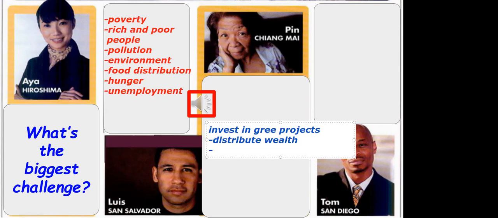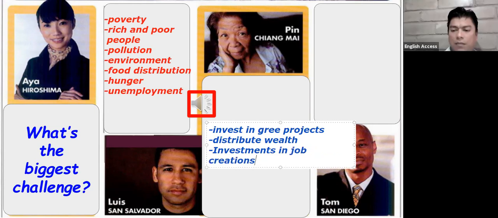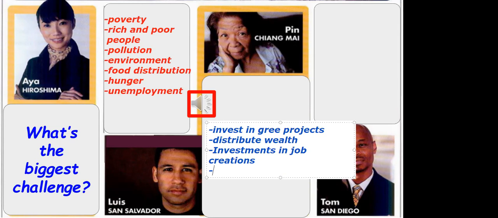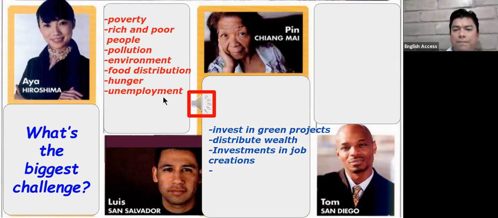Next. Tom, investment in job creations. And is that it? No, but I think okay, Pin, the next one is distribution of food.